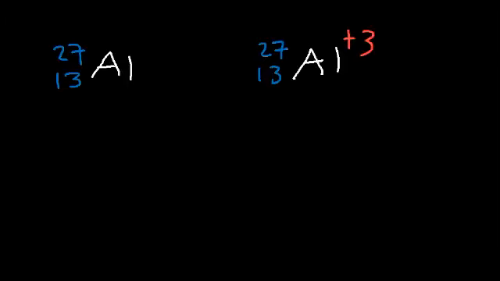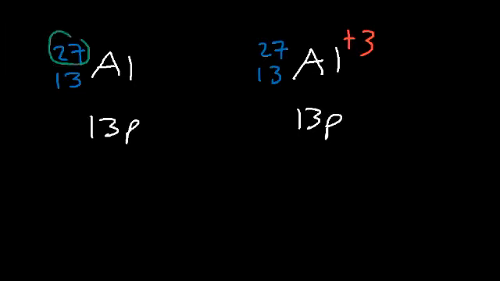Go ahead and determine the number of protons, neutrons, and electrons in these two particles. So the atomic number is the number of protons. So both the atom and the ion have 13 protons. The number of protons identifies the element. Now what about the number of neutrons?